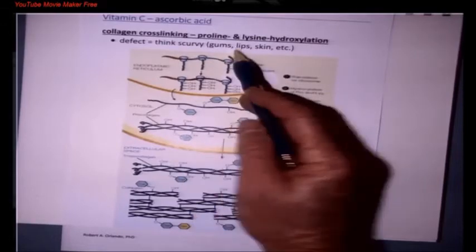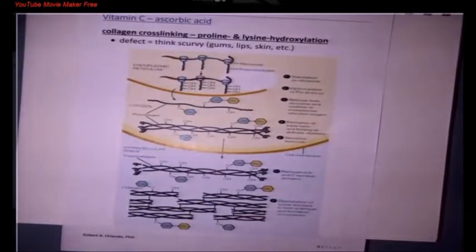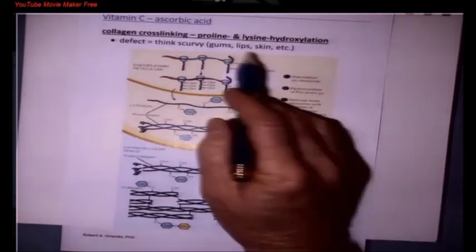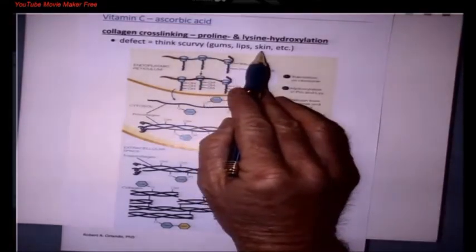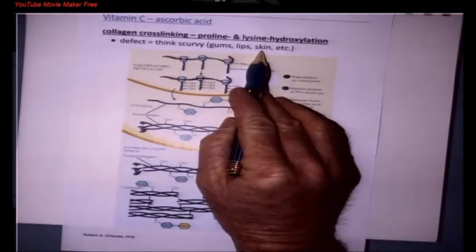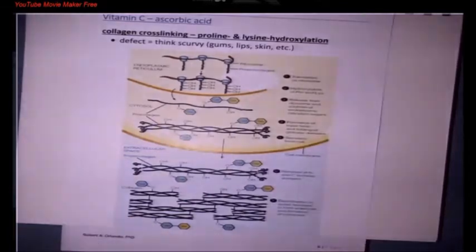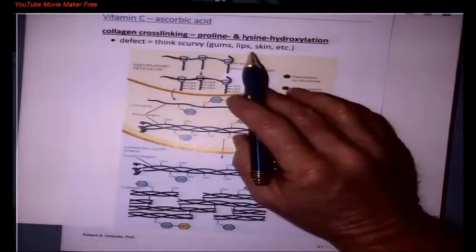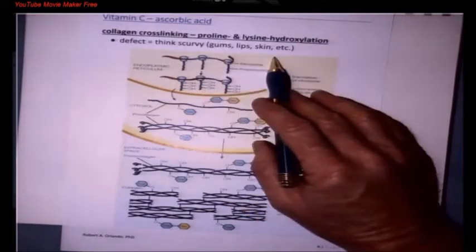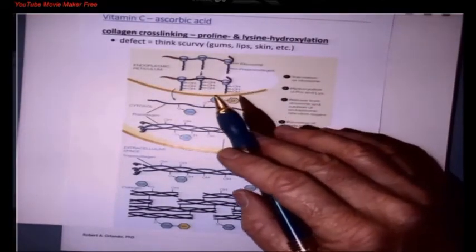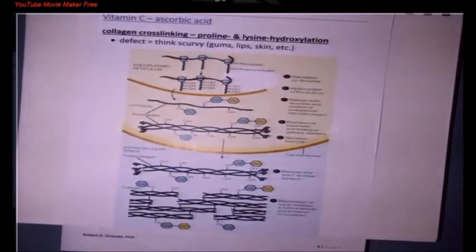So a vitamin C deficiency is going to cause problems with collagen cross-linking activity throughout the body. But look at these tissues that are going to be most affected: gums, lips, skin. That's the presentation of scurvy, primarily because these are very, very thin tissues with very small, delicate basement membrane structures. And so if there's going to be pathology, it's going to show up there first rather than on a thicker basement membrane.